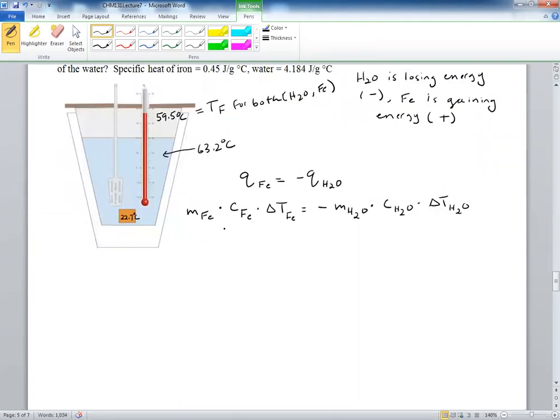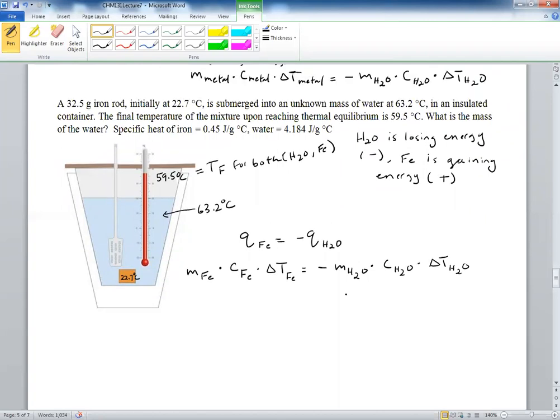Very well. So what are we solving for here? It's asking you for the mass of H2O. So that is going to be X, M of H2O. We must be given everything else.